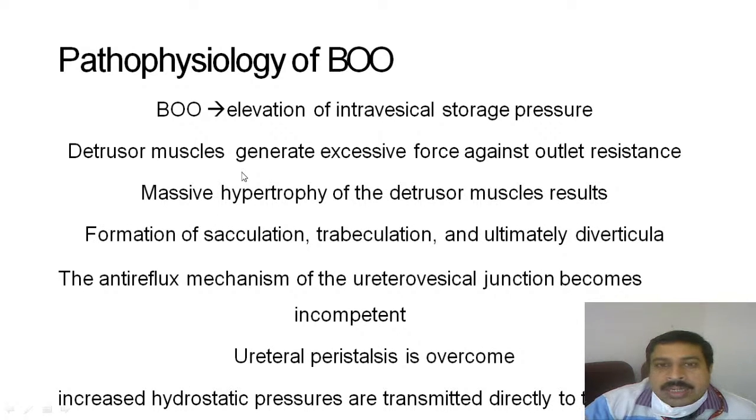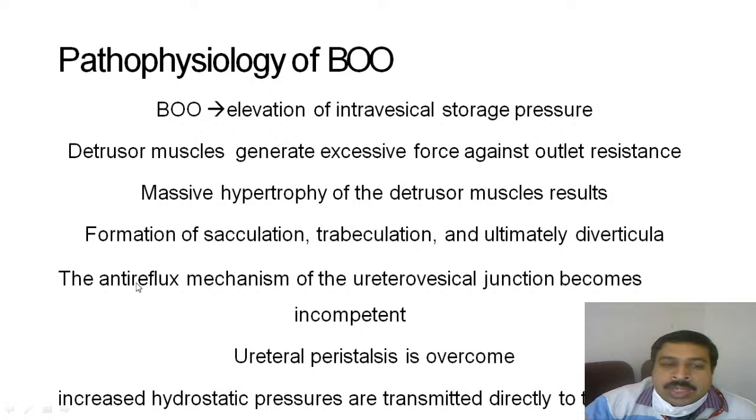As we know, 90% of the amniotic fluid is nothing but urine, and it comes from the kidneys, goes through the ureter. The bladder tries to empty it by generating excessive force, and the bladder becomes massively hypertrophic, and the detrusor muscles hypertrophy, leading to formation of saculations, trabeculations, and diverticula in the bladder.